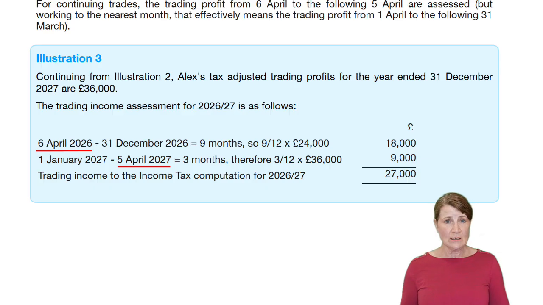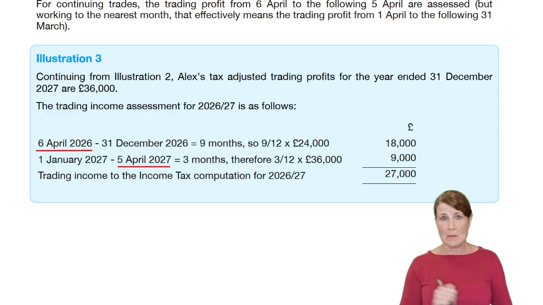So our year ended the 31st of December 26. We're going to take from April to December. We've already had 3 months worth of it last year, so we're going to get the other 9 months of it this year. So we're going to take 9/12 of that £24,000. That will take us to the end of December.